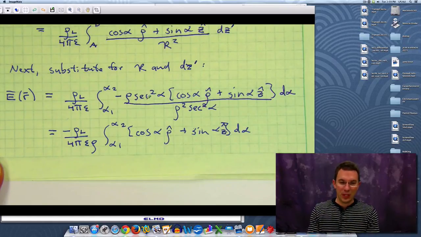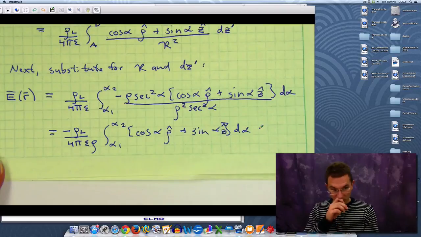Happily, this secant squared alpha in the numerator cancels with this secant squared alpha in the denominator. We'll have a 1 over rho that still survives, but rho is a constant with respect to the integration over alpha, so it just comes out front, and we're just left with this very manageable integral over alpha. We just basically have to integrate cosine of alpha for the rho component and integrate sine of alpha for the z component.